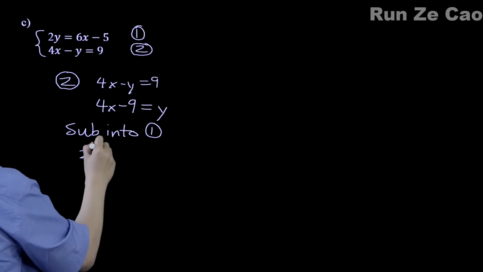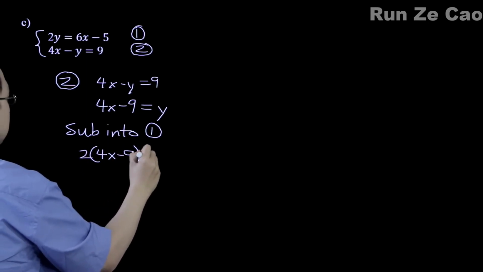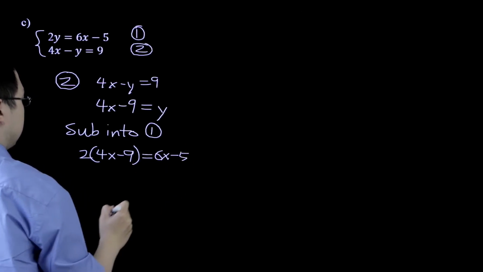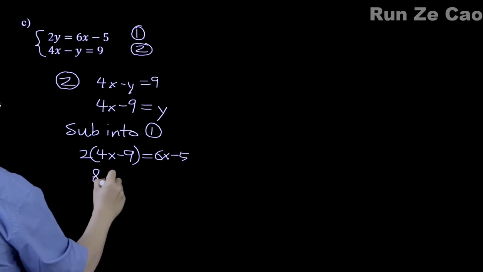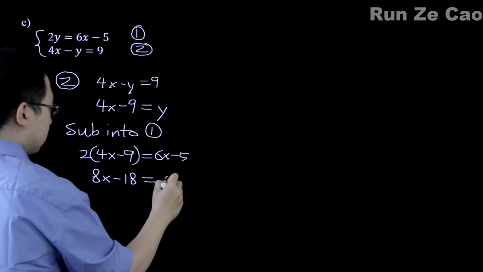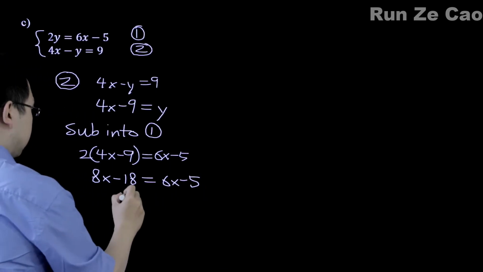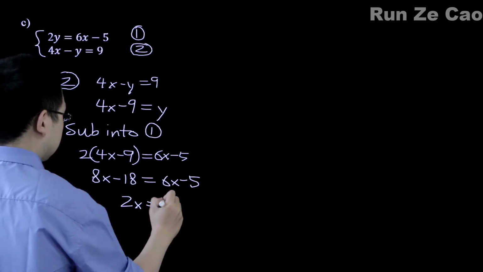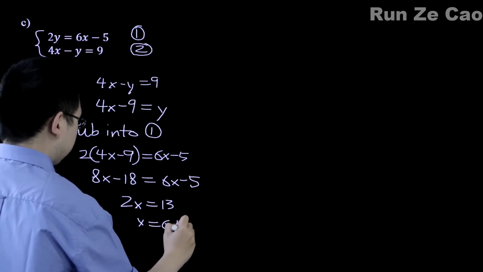So 2 times 4x minus 9 equals 6x minus 5. So that's 8x minus 18 equals 6x minus 5. And thus we have 2x equals 13. X equals 6.5.